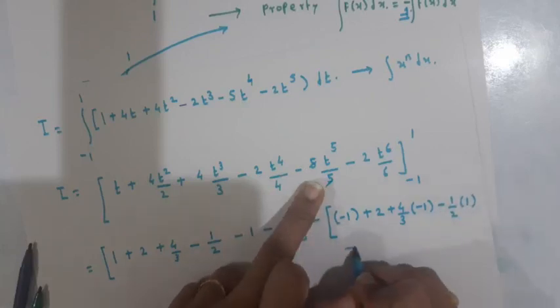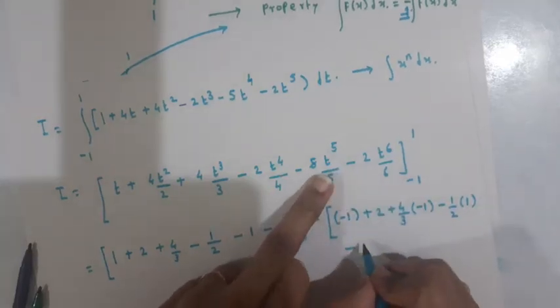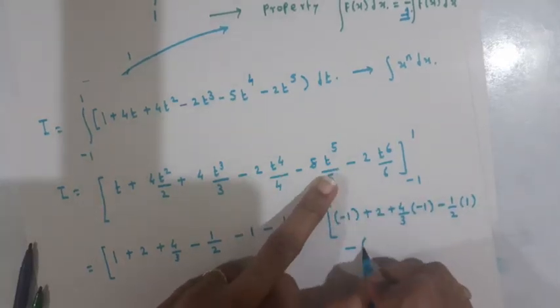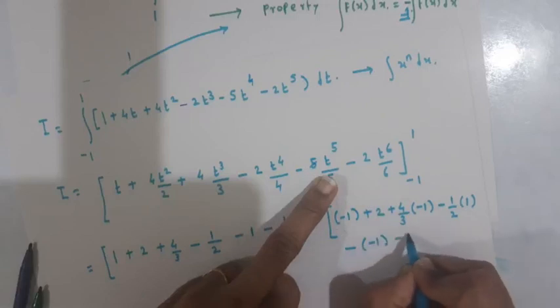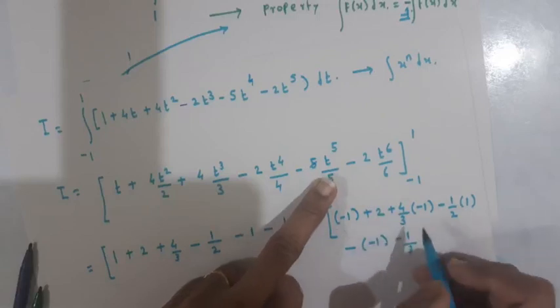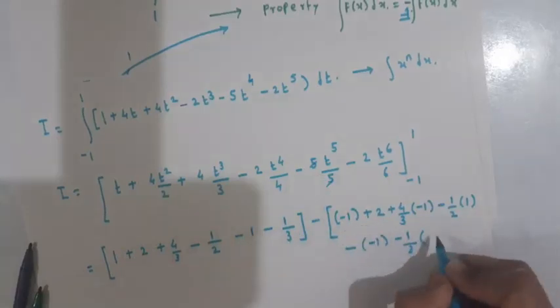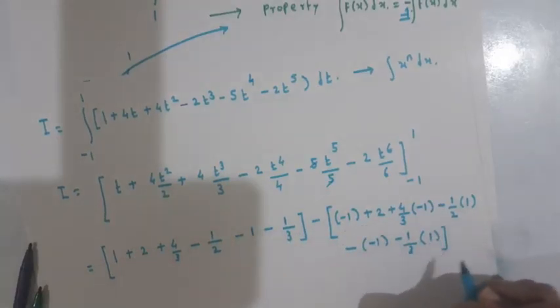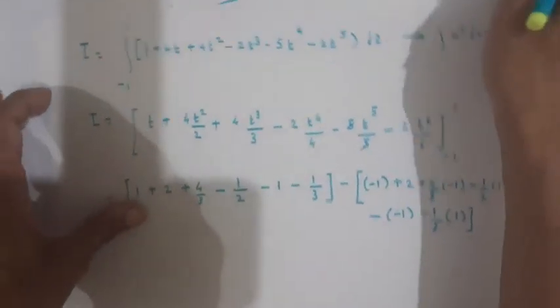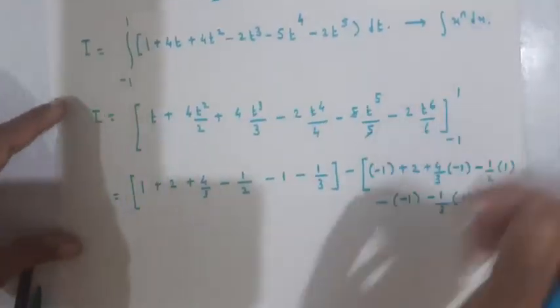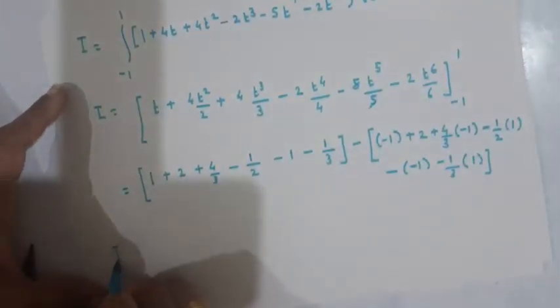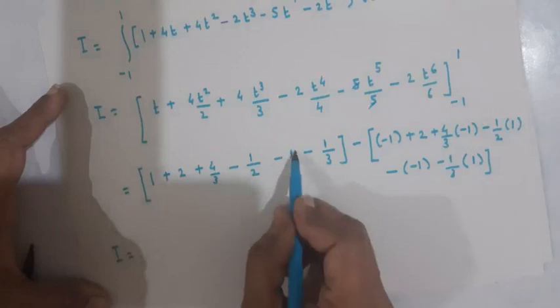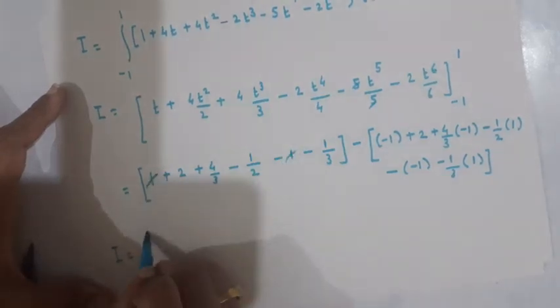Okay, then minus t raised to 5 is minus 1 raised to 5 is minus 1, minus 1 by 3, t raised to 6 minus 1 raised to 6 is 1. Now limit of integration I equal to, this plus 1 minus 1 get cancelled.